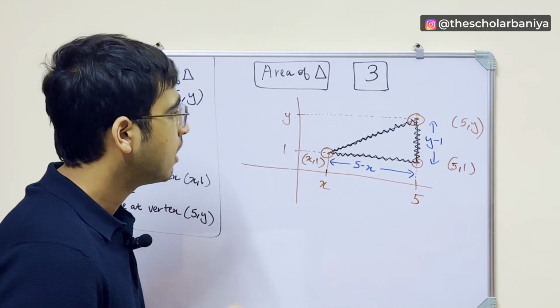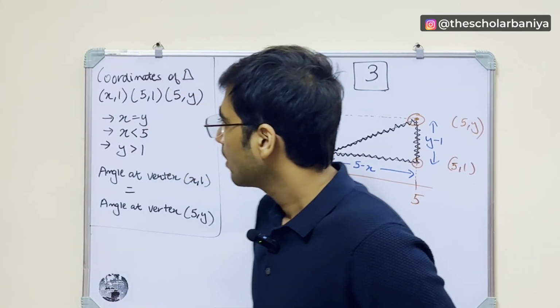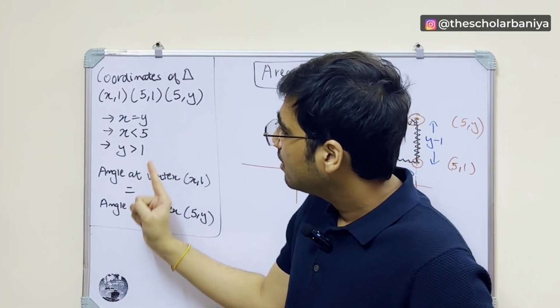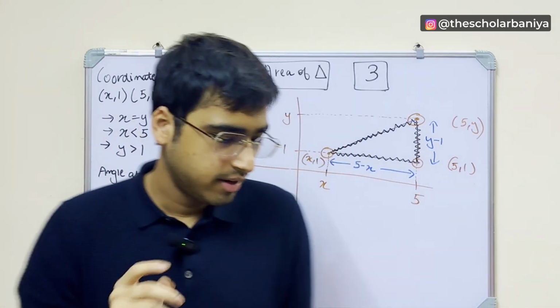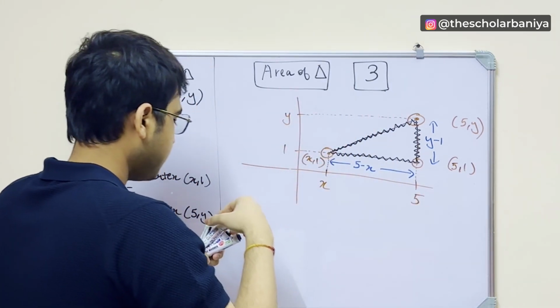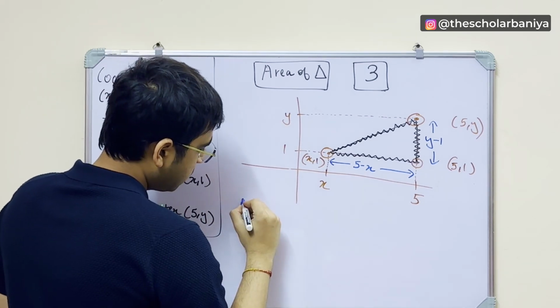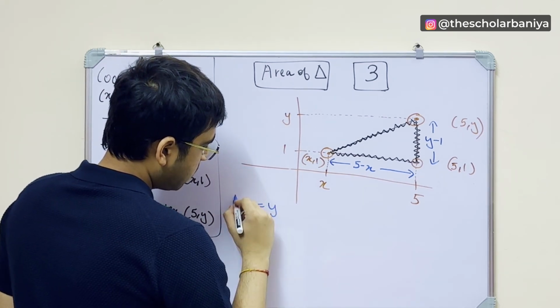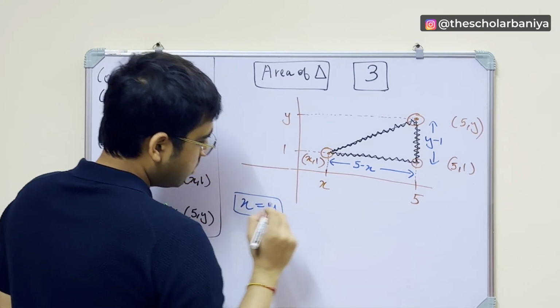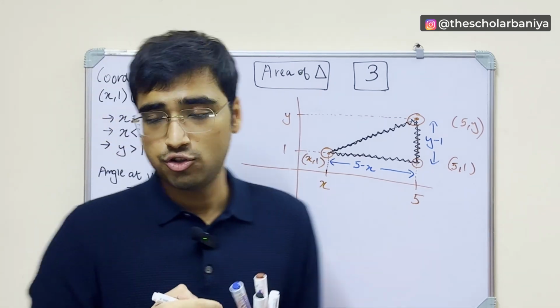Okay. Now tell me one thing. We are given that x is equal to y, right? So one equation for us becomes x equals y.